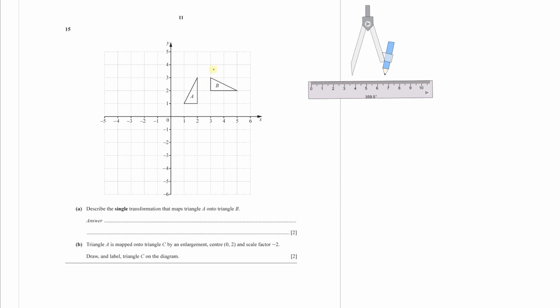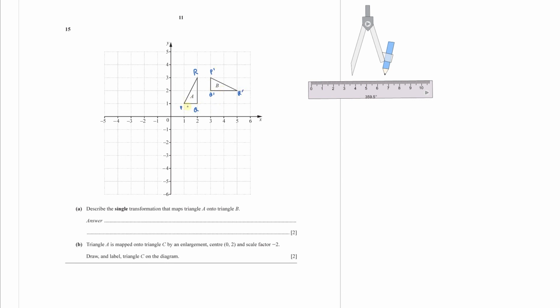So to find the center of rotation, let's start with marking the corresponding points. Let's say this is PQR, so in triangle B, this is P prime, Q prime, and R prime. So these are the corresponding points.